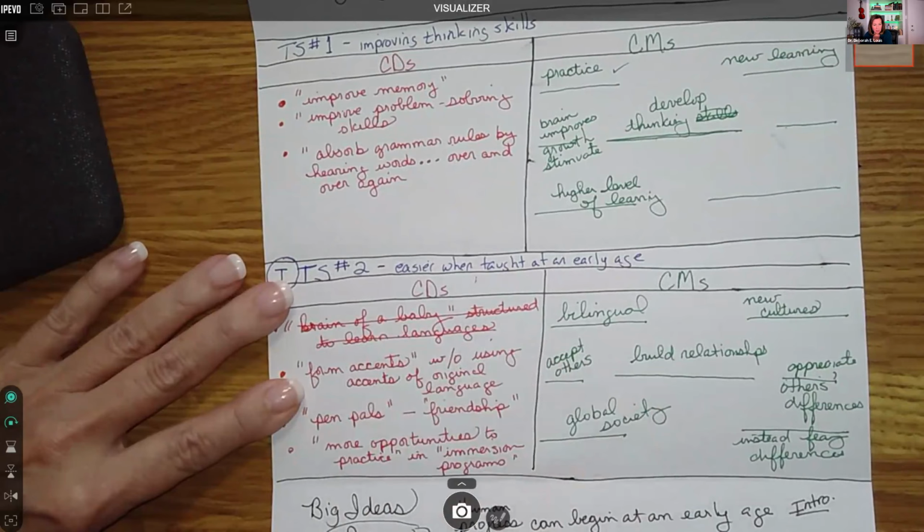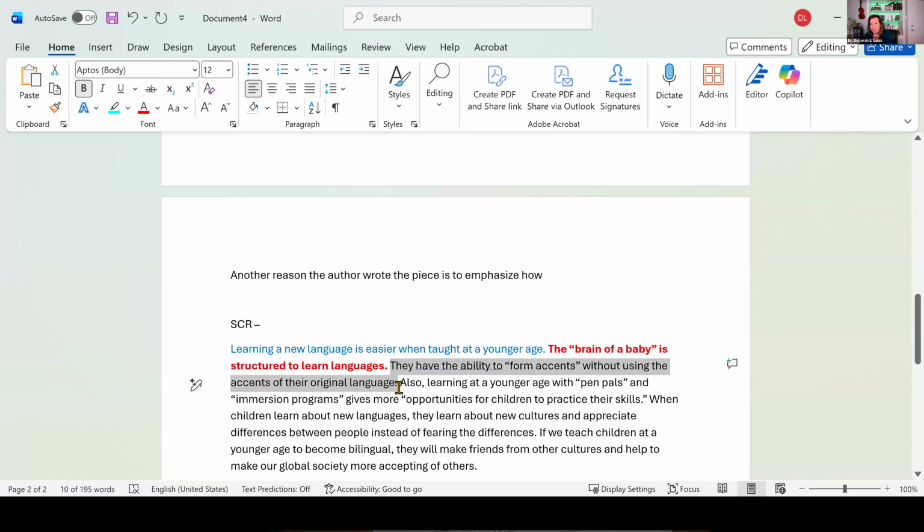And then I say, they have the ability to form accents without using the accents of the original language. That came from the text also. And then also learning at a younger age with pen pals and immersion programs gives more opportunity for children to practice their skills.